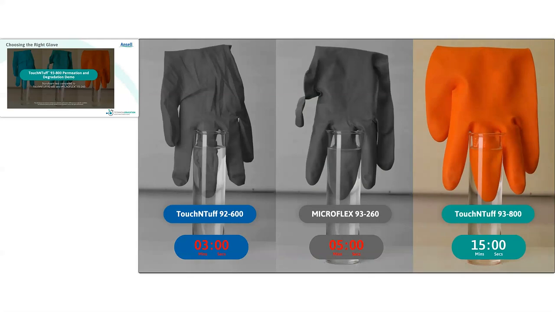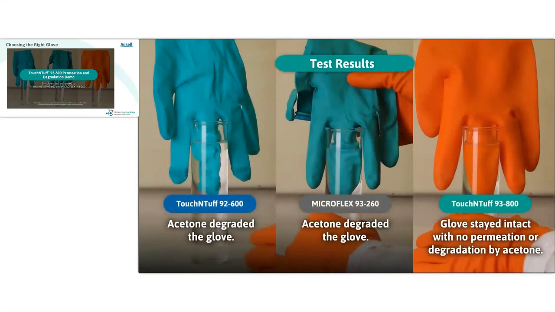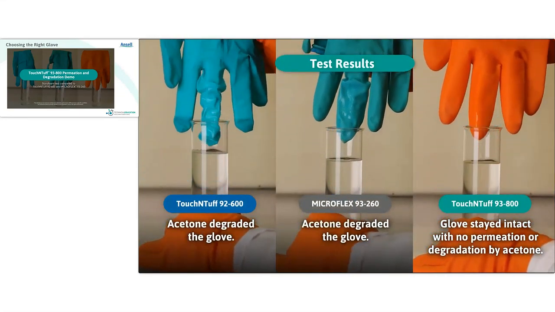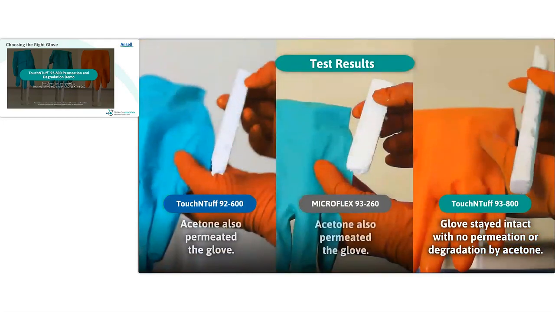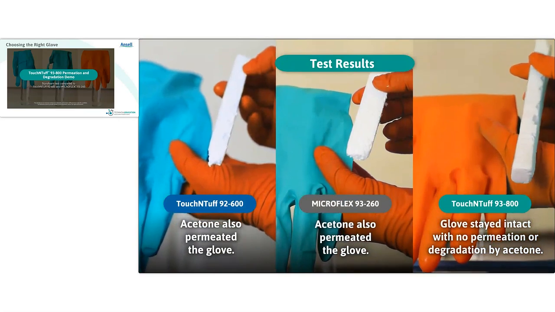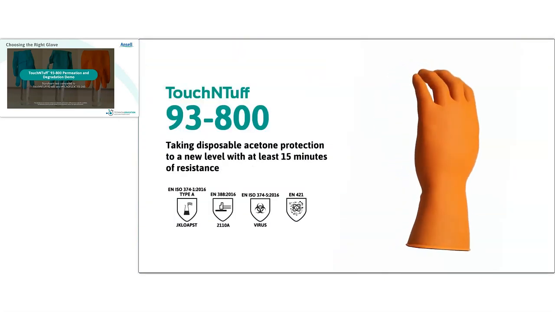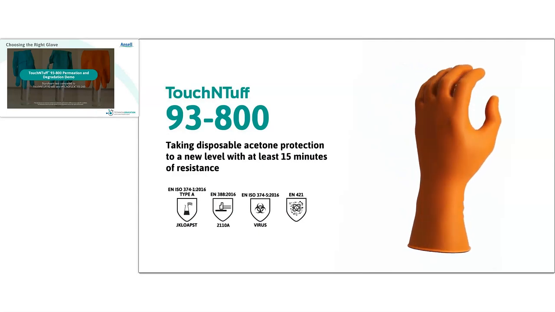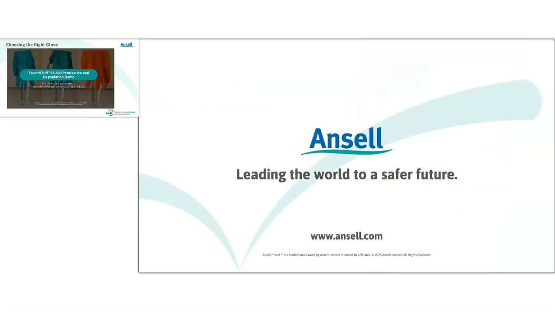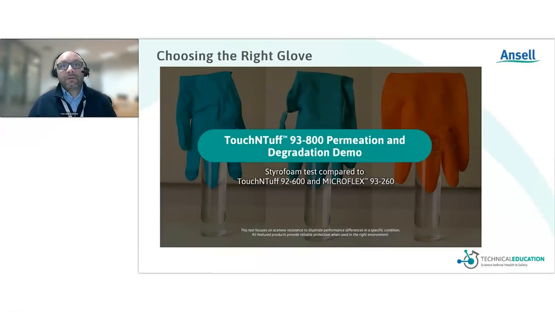On the last one, we will remove the styrofoam after 15 minutes, and we will check what happened. You see the degradation, but on the last one, there is no degradation. So it's really very important to check this kind of criteria, degradation and also permeation.